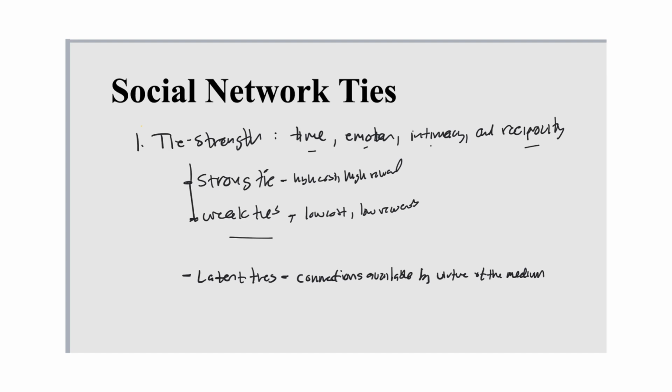Now, one of the ideas of media multiplexity theory, and it's not a super groundbreaking concept by any means, is that people with stronger ties use a wider variety of media. Now, one thing that is new to media multiplexity theory is this concept.